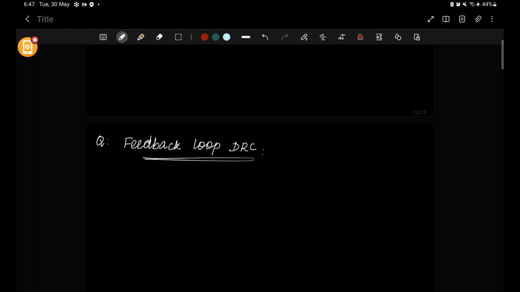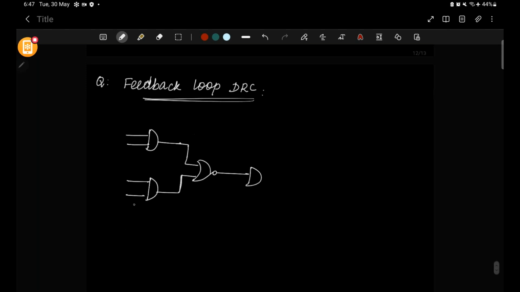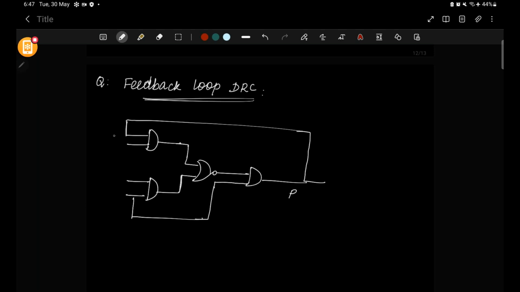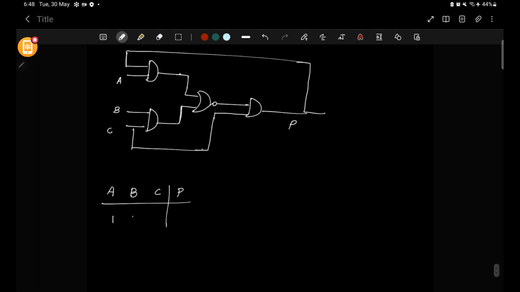So, say for example, you are having some combinational feedback like this. Say this is A, this is B, this is C. If you consider this pattern A, B, C, and then output P, say the pattern 1, 0, 1, then the output will always toggle.